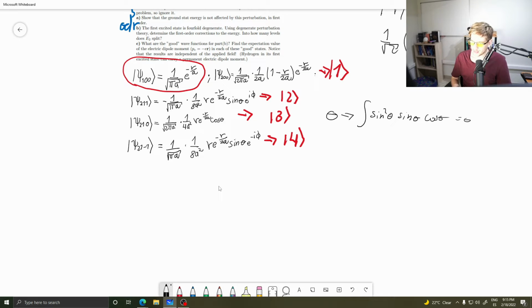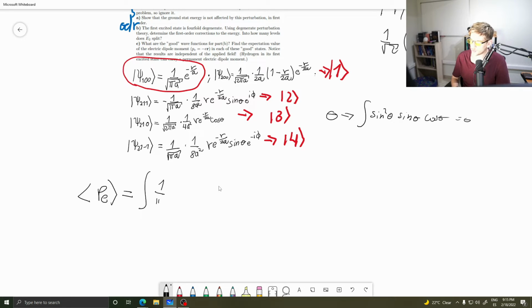So we want to find now the expectation value of the electric dipole moment, which is actually a very interesting thing because now we can find the electric dipole moment of the hydrogen atom, which is actually quite an important thing to know. So this will be an integral, and then we put the wave function in.